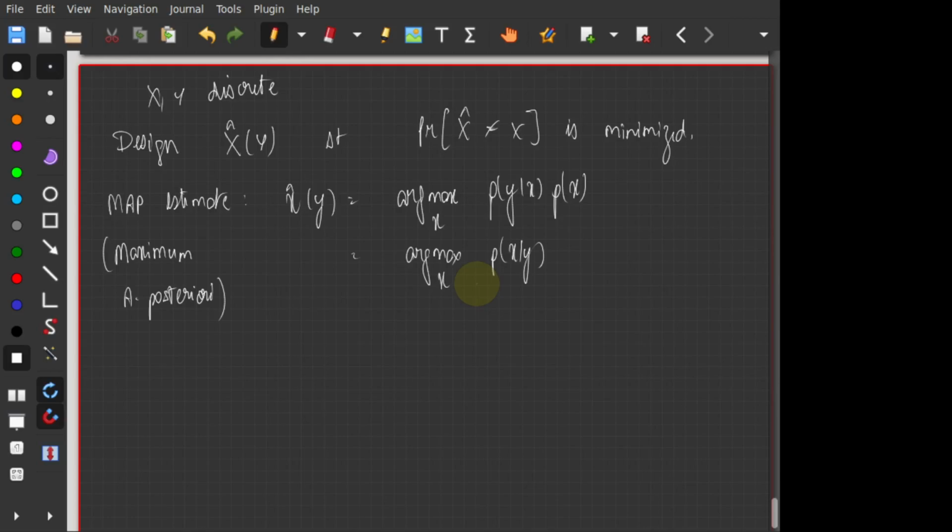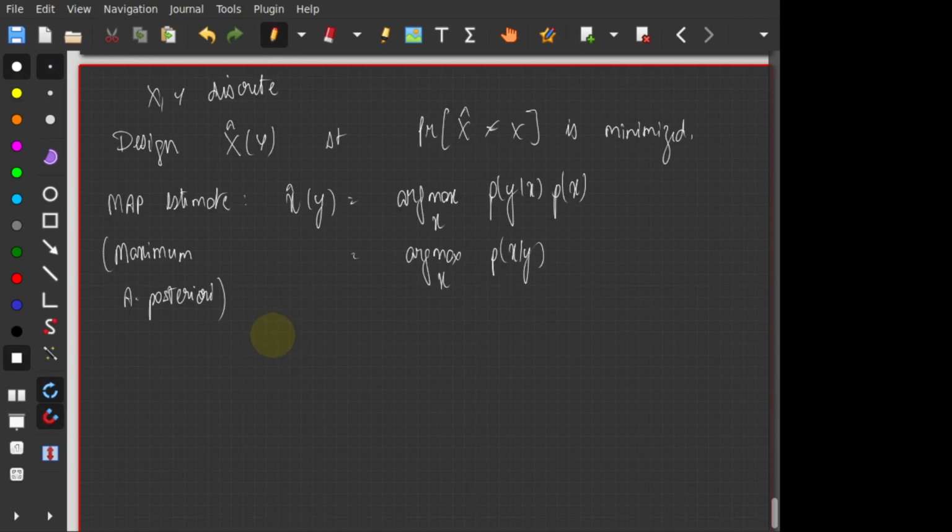Okay, what is the probability of error equal to? You take the average probability of error over x, so that will be the actual error times the probability of that x.